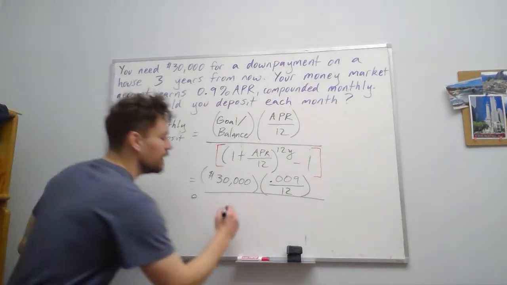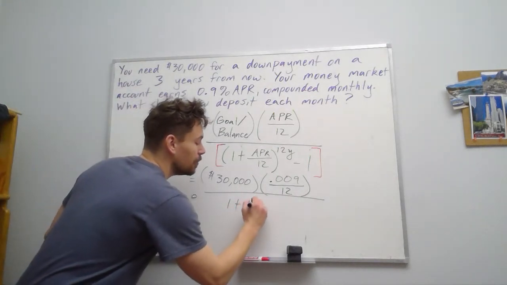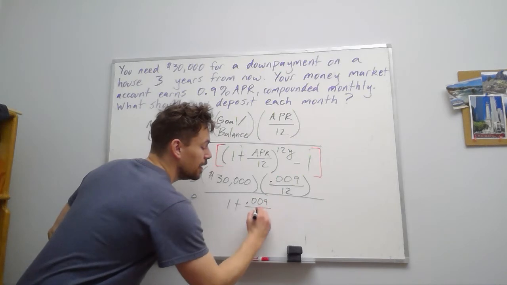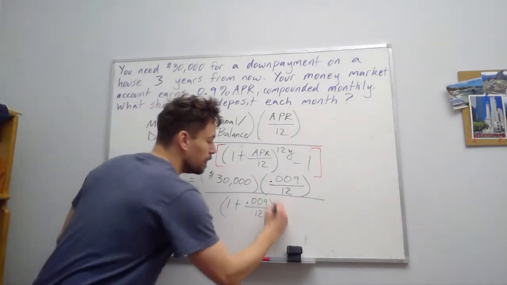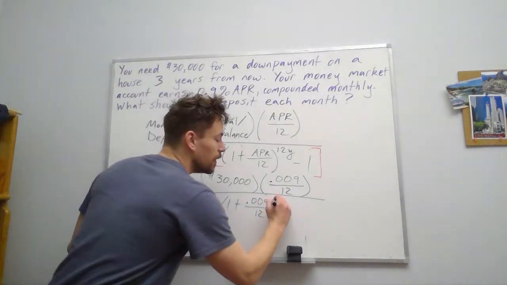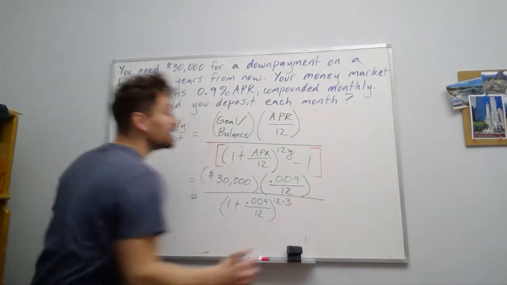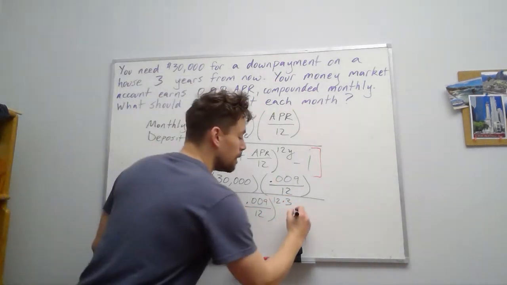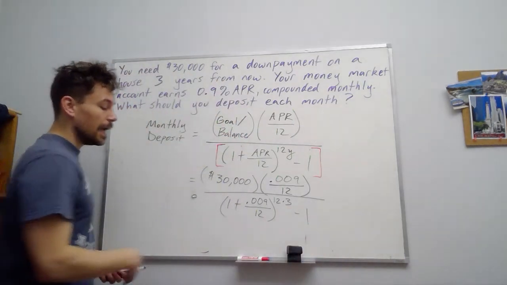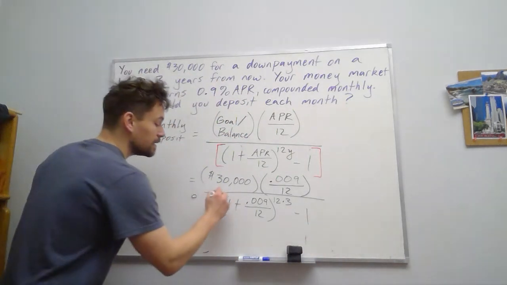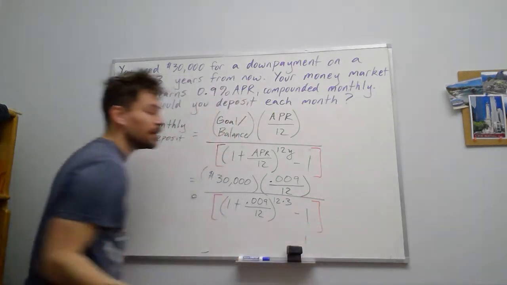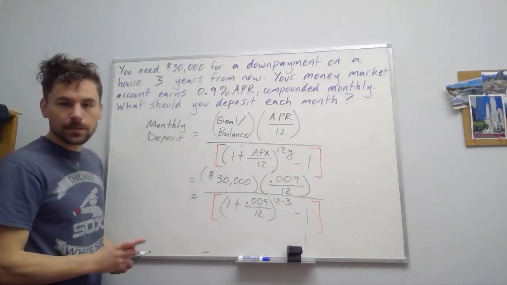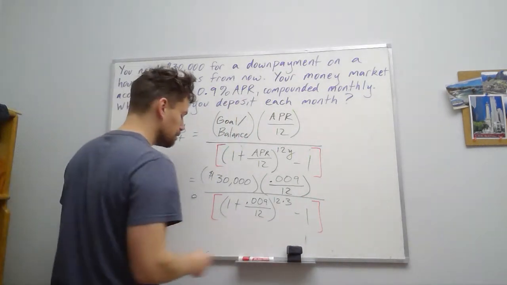Okay, we're going to divide all of that by 1 plus, again, 0.009 over 12 to the 12 times 3 in this case, because we're looking 3 years down the line, we want this money, minus 1. And again, I'll just emphasize, put all of that in a set of parentheses, or here I use brackets, but that's pretty much the same thing as parentheses.